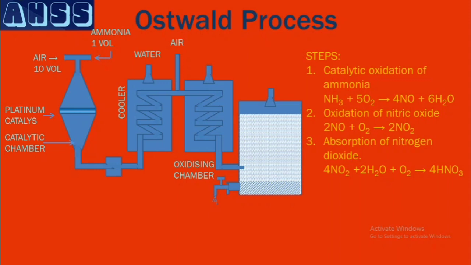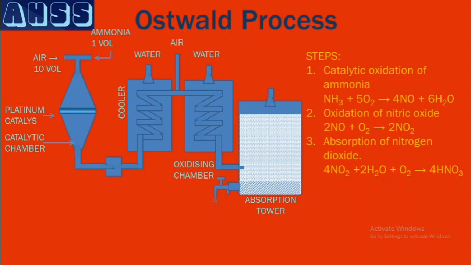In this oxidizing chamber, water, air or oxygen and nitric oxide combine and form nitrogen dioxide gas. This nitrogen dioxide gas is then passed to another chamber which is known as the absorption tower.